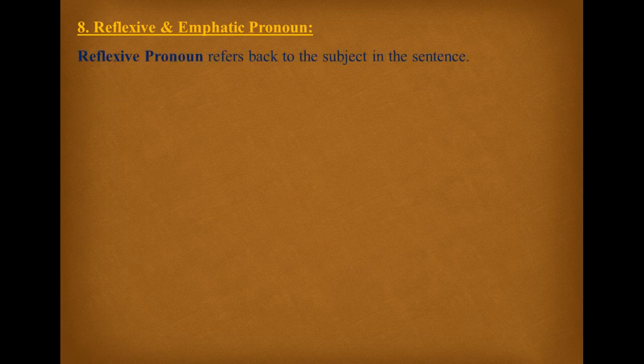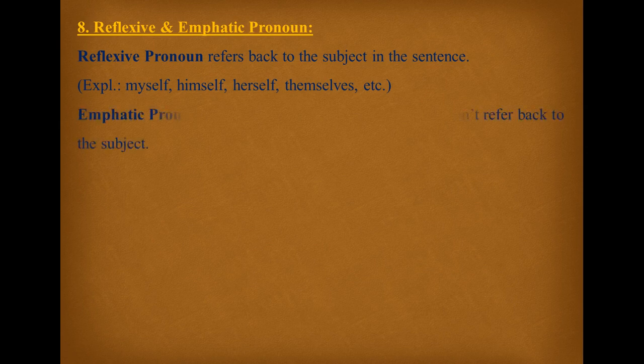A reflexive pronoun refers back to the subject in the sentence. The subject who is doing or imposing some work or verb on himself, that is reflexive. Example: myself, himself, herself, themselves, etc.